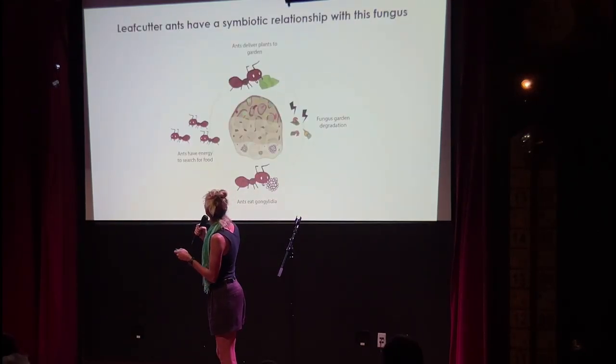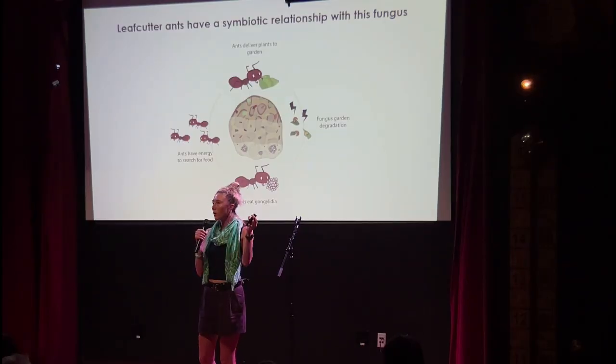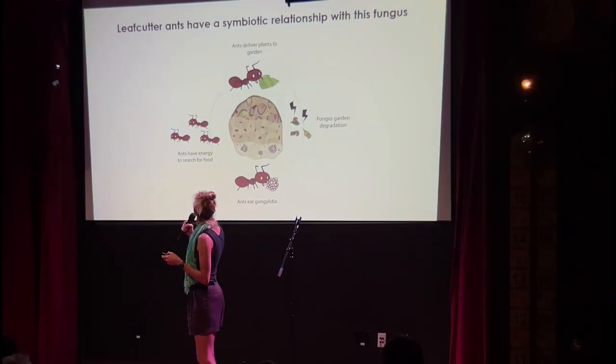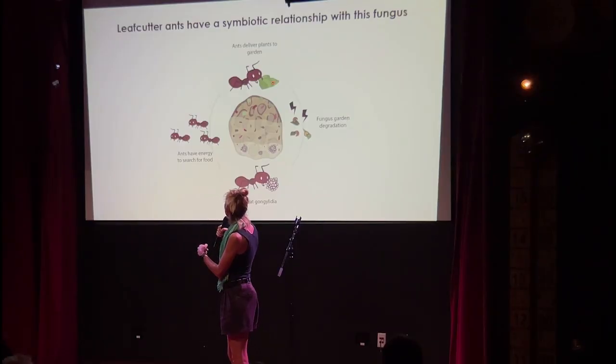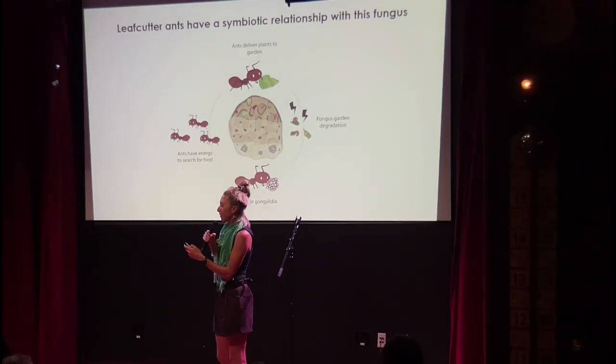All right, and so this is what we generally call a symbiotic relationship between the ants and this fungus. Here's the whole cycle: the ants deliver plants to the fungus garden, the garden breaks down the plants with these enzymes, these lightning bolts, and then the ants eat the gongylidia, and now the ants have energy to go search for food.